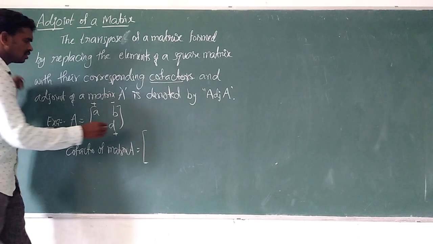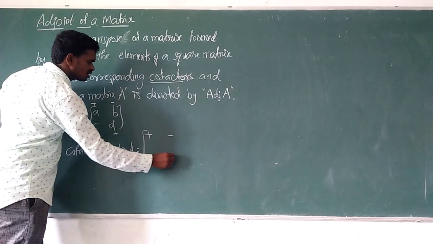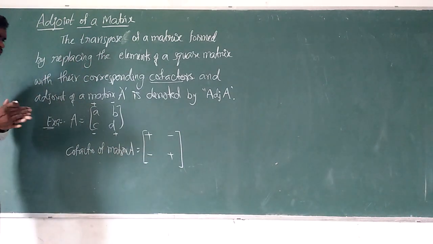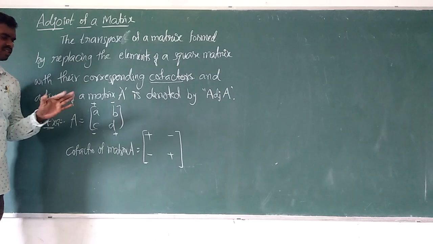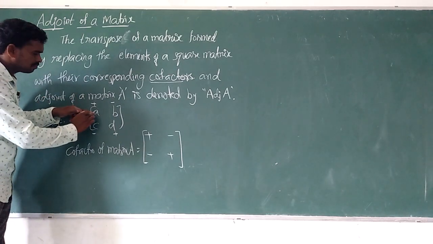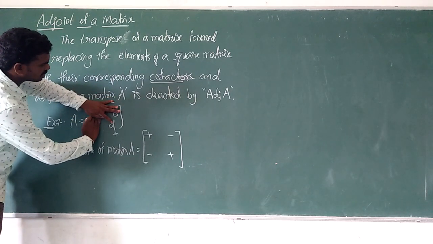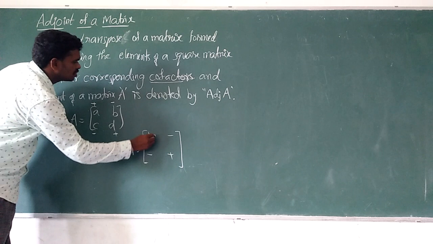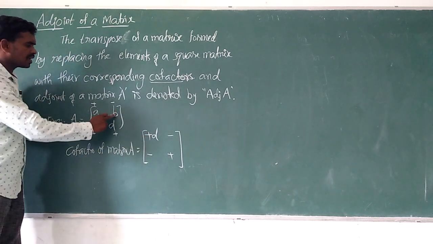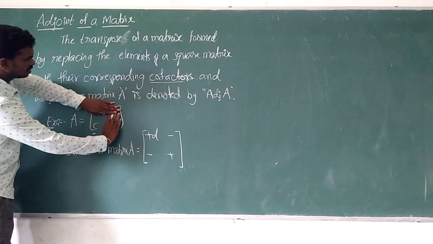Symbols: plus, minus, minus, plus. How to write the cofactors? Very simple. Cofactor of element a means close a's row and column. What is the remaining element? d. So we just write d. Next, what is the cofactor of b? Close b's row and column. What is the element? c.